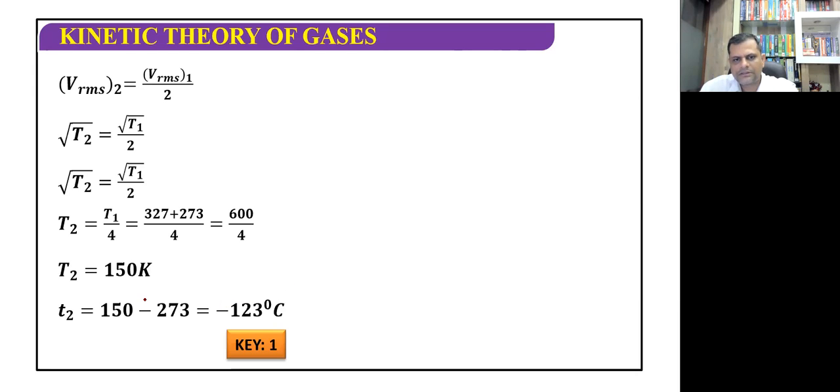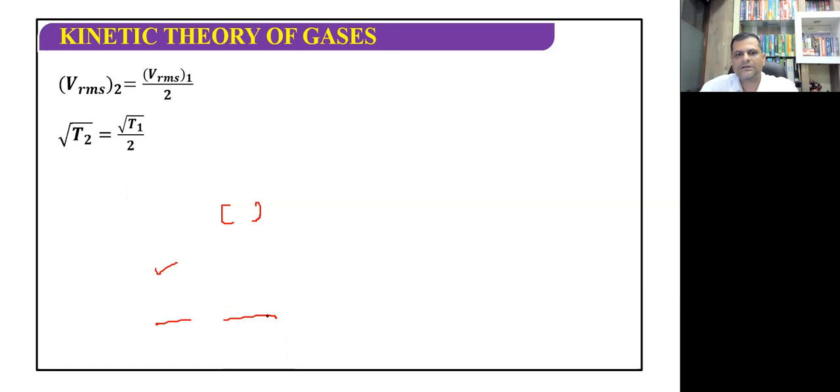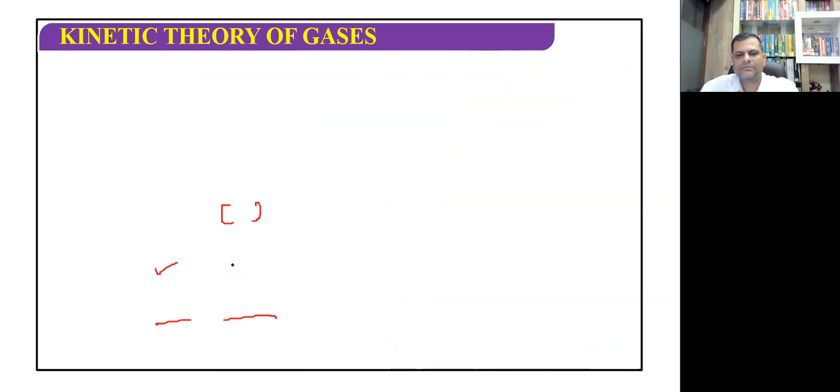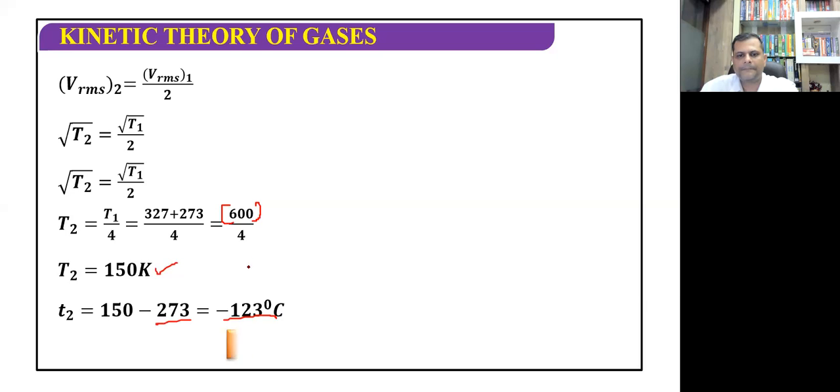So 150 कैसे आया? अच्छा, ये 600 बनता है. करेक्ट राइट. 500 नहीं, 600, सॉरी. Okay, so it will be 150 Kelvin, and if we subtract 273 from it, then it will become minus 123 degrees Celsius, which is already there in option number 1. Where is it? वो तो 819 degrees Celsius है. Still it is none of these only.